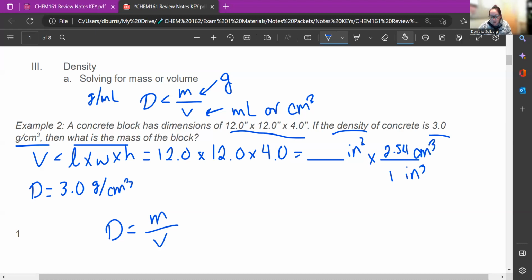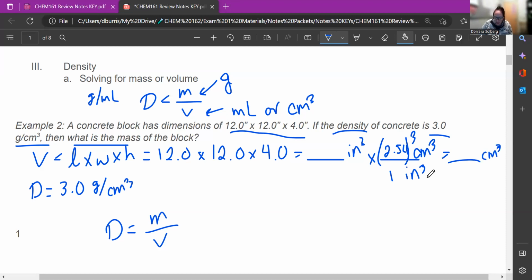So if you are cubing the unit, you also need to cube the number. Don't forget that step. So if you know the inches to centimeters conversion, for the cubic conversion you have to cube the numbers also. Okay, so this is going to give me a very large number in cubic centimeters.